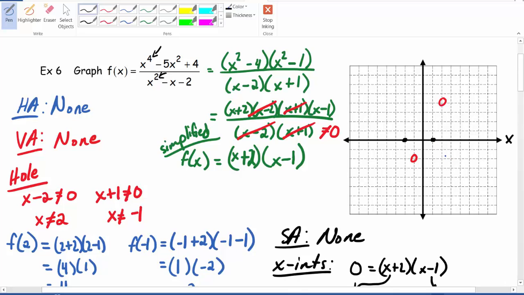And pretty much, just with this little limited information, looking at our simplified version of the function, this is really the only way I could possibly see it. If you were to FOIL this out and distribute these items, you would end up with an x squared term. X times x is x squared.